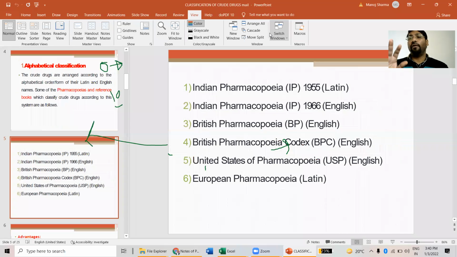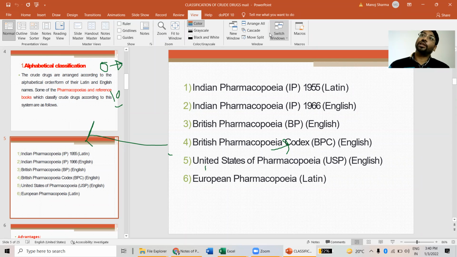If you see the Indian Pharmacopoeia, this method is followed. Do you know what a Pharmacopoeia is? A Pharmacopoeia is basically the standard textbook or official publication of the Ministry of Health and Family Welfare that is published by IPC, the Indian Pharmacopoeial Commission.